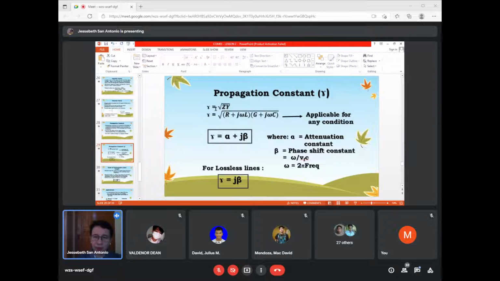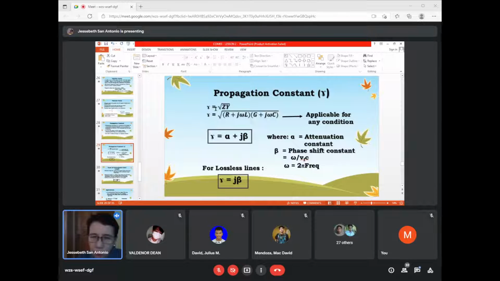Okay, so that naka-divide yung z sa y. Sa propagation constant, naka-multiply. So substituting this times the g plus j omega c.